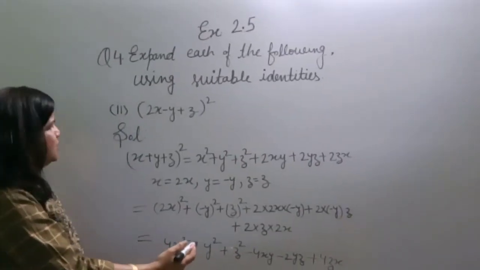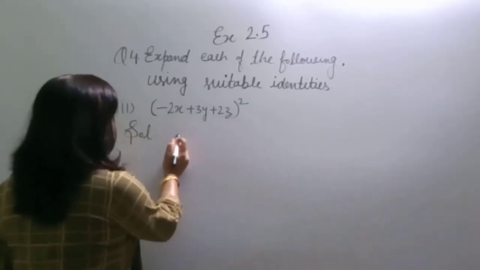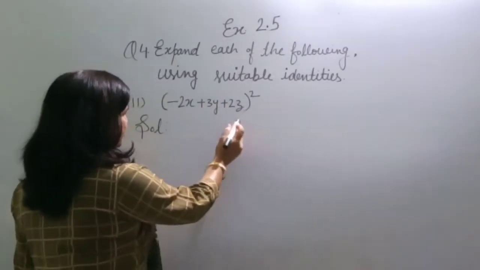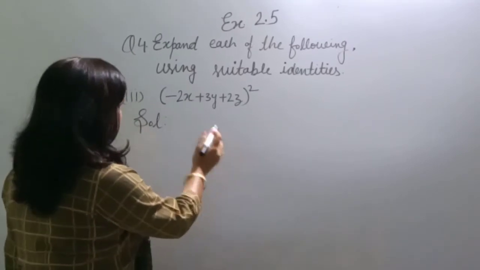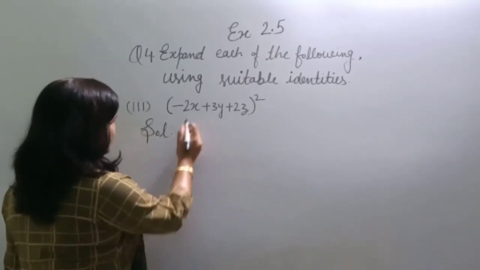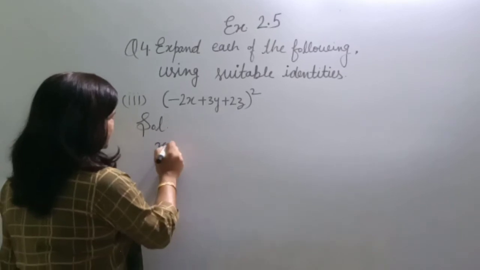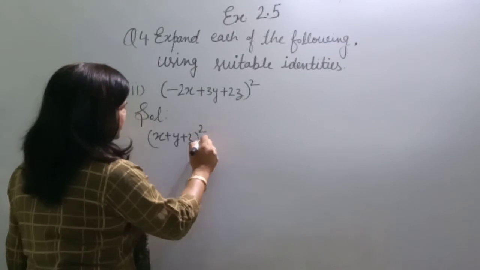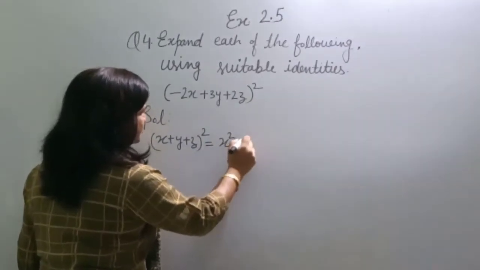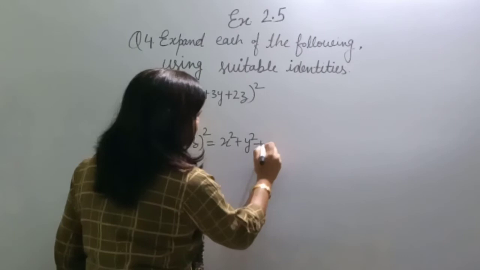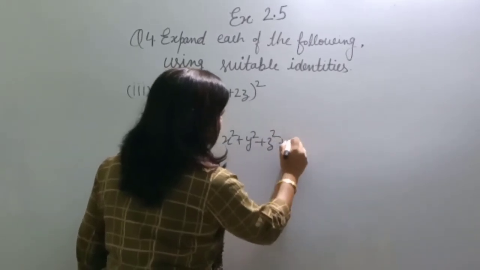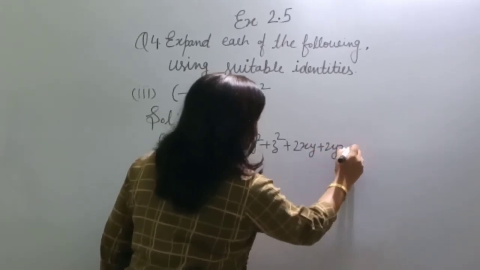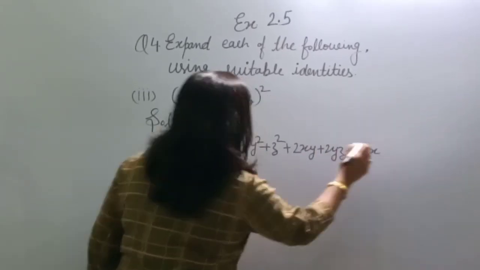Now we will move on to the third part. We have the third part, (−2x + 3y + 2z)². With the same procedure we will solve this expanded form. For this question we have the same identity: (x + y + z)² = x² + y² + z² + 2xy + 2yz + 2zx.